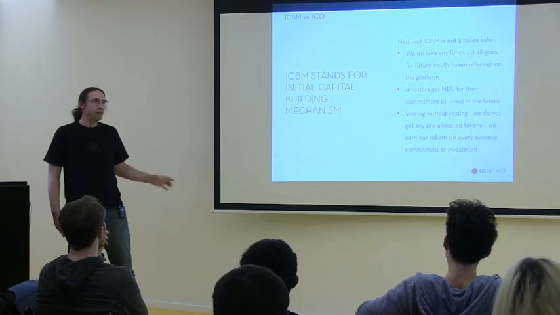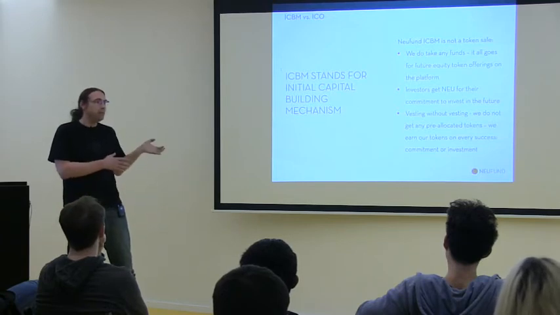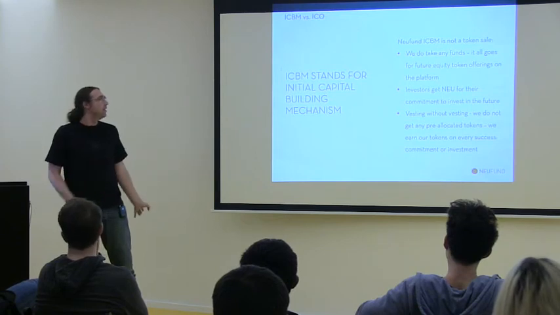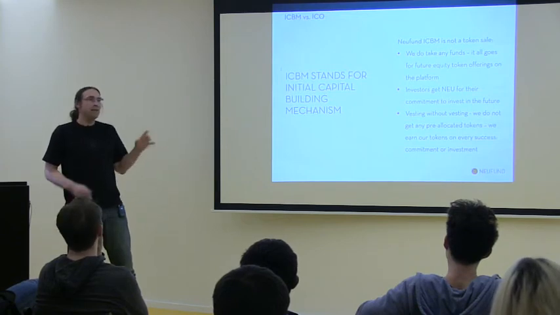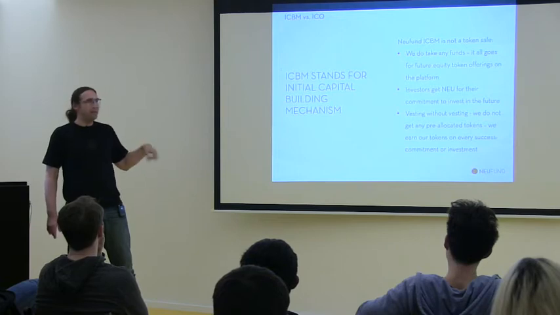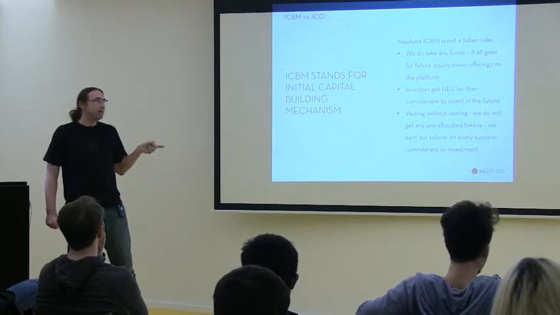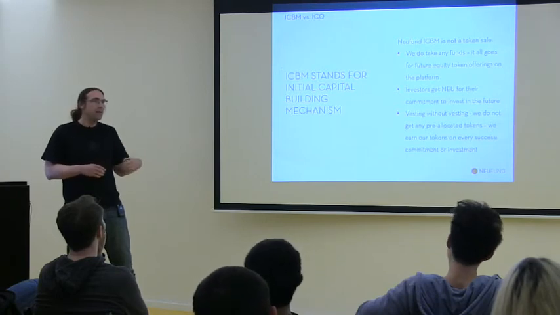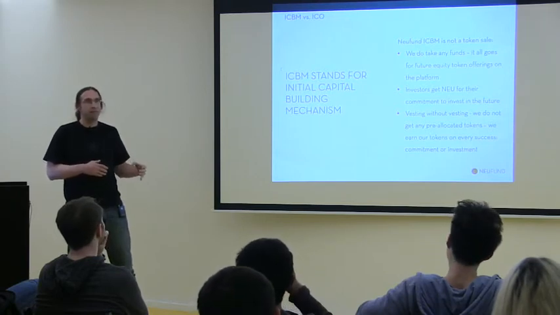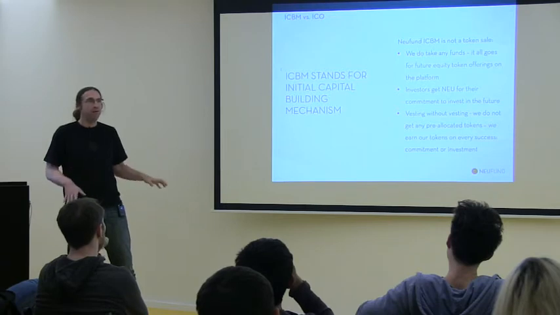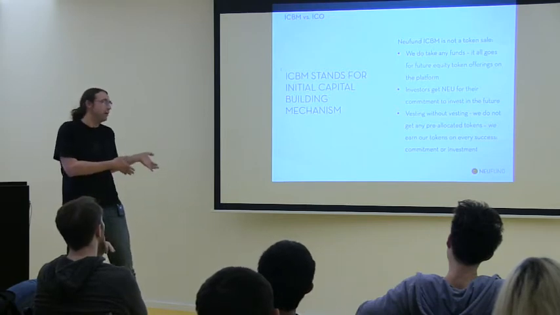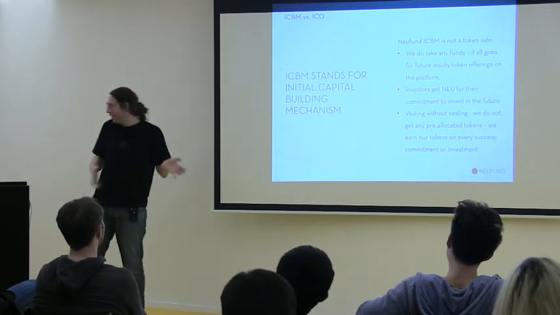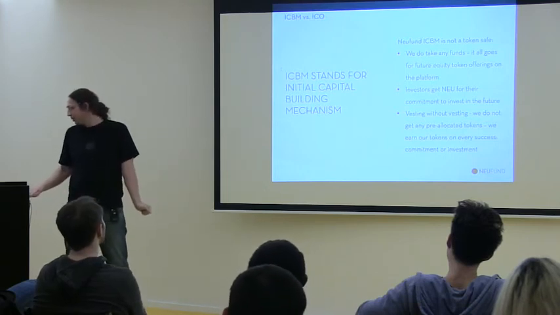All the money goes to the funding of projects in the future, by individual investors' decisions. What we get is a share of the NOI that is created during this process. I call it vesting without vesting, because we get this only when there is a successful transaction on the platform. We do not pre-allocate anything, and we do not take anything before it really happens and is really earned. The work is done. Okay, so that was the Neu token.